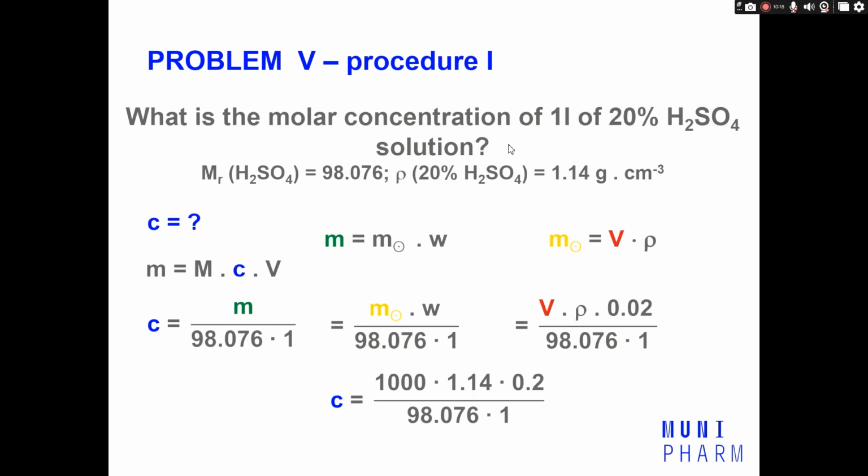That's why in the dividend we put the number 1000, but in the divisor, because it was derived from the formula for molar concentration, and the molar concentration is in moles per cubic decimeter, the volume is given as 1 cubic decimeter. After the numerical calculation, I got the value of molar concentration 2.32 moles per cubic decimeter.